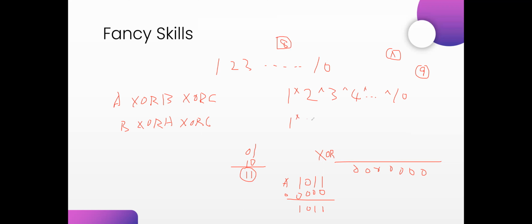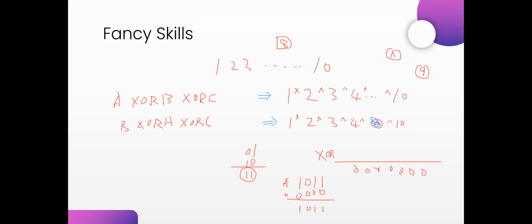So now I'm going to do 1 XOR 2 XOR 3 XOR 4, because the 8 is missing. I do not have 8 here. Basically, I'm going to XOR from 1 to 10, and I'm going to XOR every single number in this list.